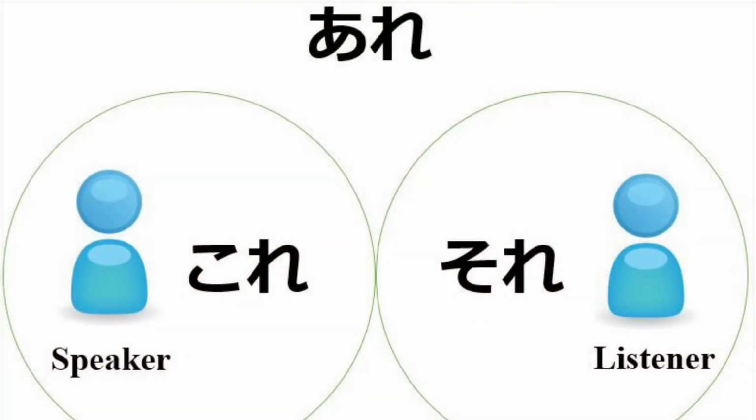But それ and あれ are both "that" in English, but we distinguish them. それ is the thing you can point to, but close to the person you are talking to. あれ is totally far from anyone. Alright? So here is the position of これ、それ、あれ. I hope you understand more.